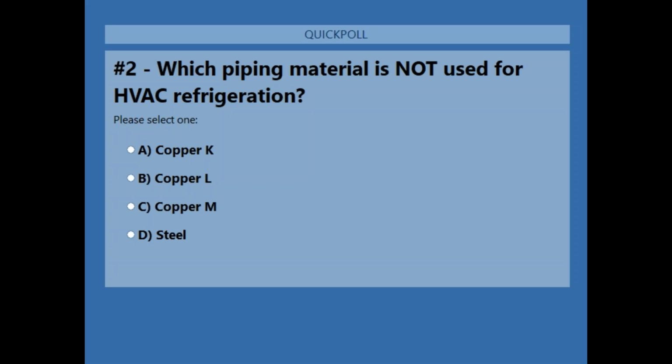We'll call this the lower coil, this the upper coil. If it's face split, which would mean you draw a line across here, this coil will come on first, this one will come on second. So the bottom coil is always the first on and last off. The bottom would start first, then the upper coil would start, then the upper coil would shut off, and then the lower coil would shut off.